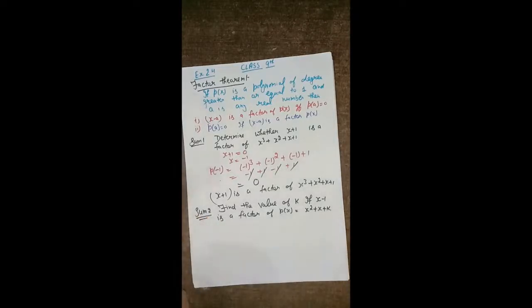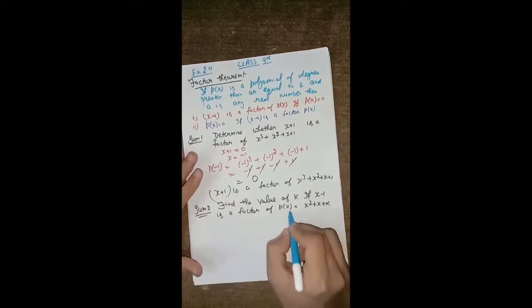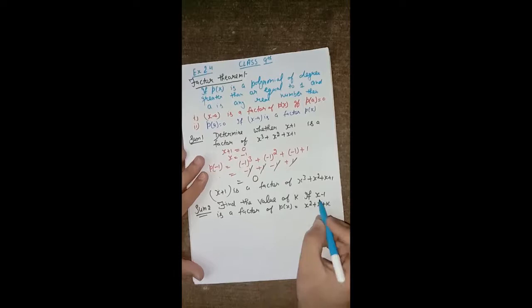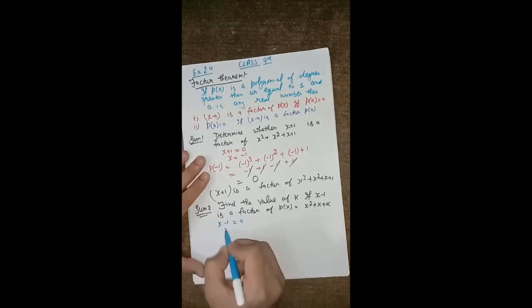Again, if x minus 1 is a factor, then the value of p(a) will be 0. x minus 1 equals 0 and x will become plus 1.